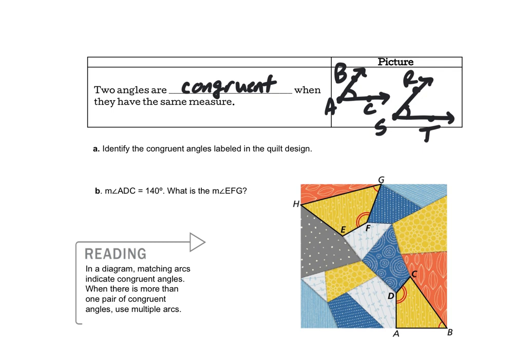And so what we're going to say here is that angle A, and remember the symbol? Angle A is congruent to angle S. And there's that congruent symbol again. We did it with segments. Still use the same symbol for angles. It just means those two angles are exactly the same measure.